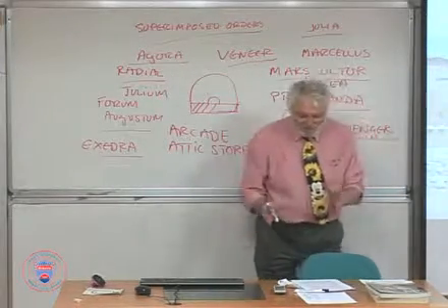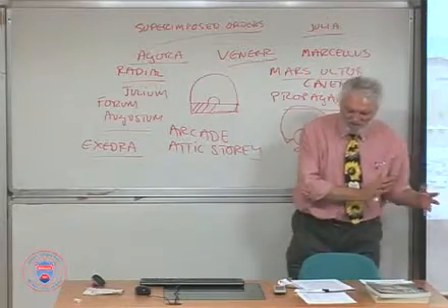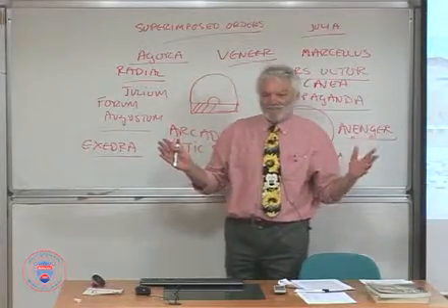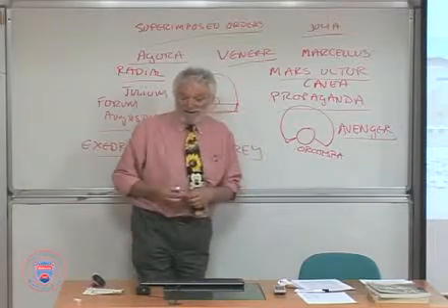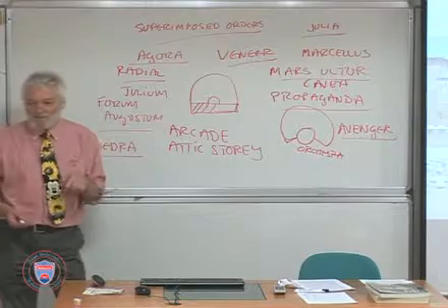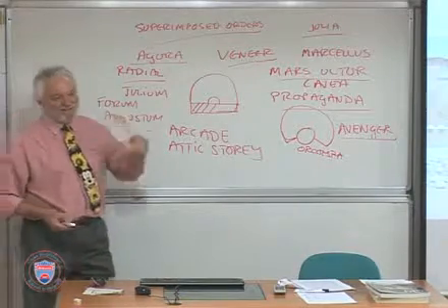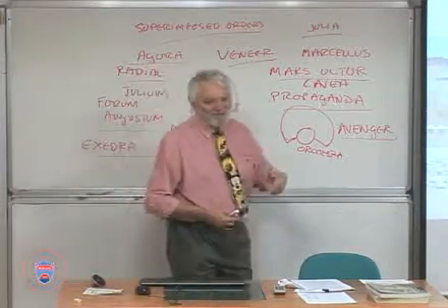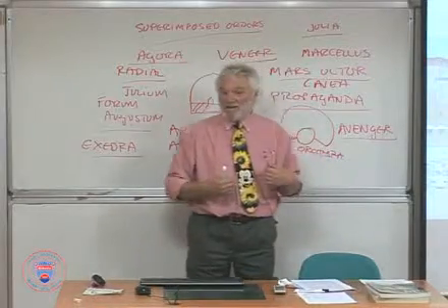Mars is also associated with Venus. Where does Venus fit in? Venus is the mother of Aeneas. Aeneas is the father of Julius Ascanius, the ancestor of the Julian family.